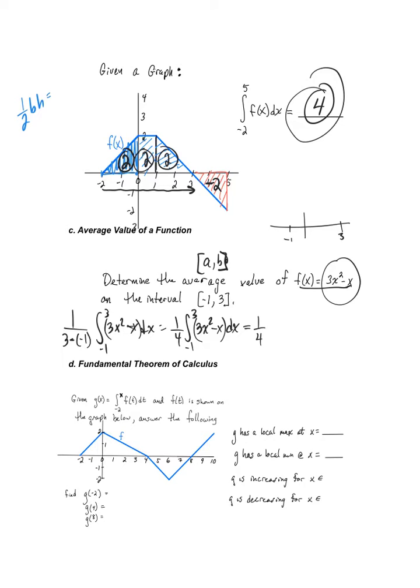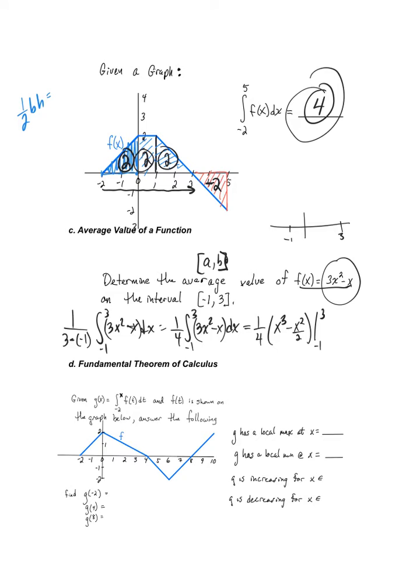So we need to use the power rule, so 3x squared will integrate to 3x cubed over 3, and the 3's are going to cancel out, so we're just going to get x cubed minus x squared over 2, and we're going to evaluate that between -1 and 3.